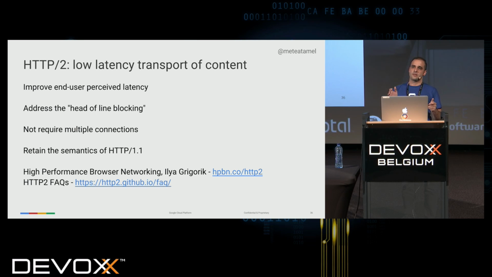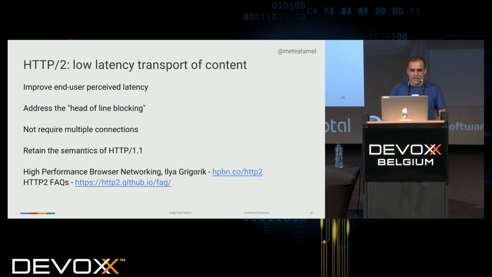If request 1 takes a long time, then your request 2 and 3 will block, basically, before HTTP2. But in HTTP2, it basically doesn't block. So if your request 1 is taking a long time, and request 2 and 3 take shorter, then you will get responses for those in a much quicker way without having to wait for request 1.